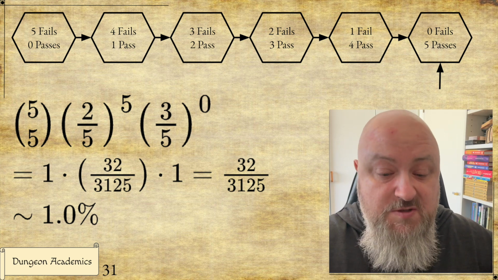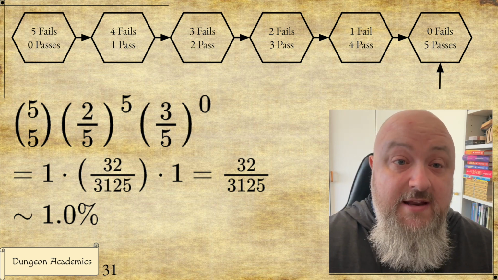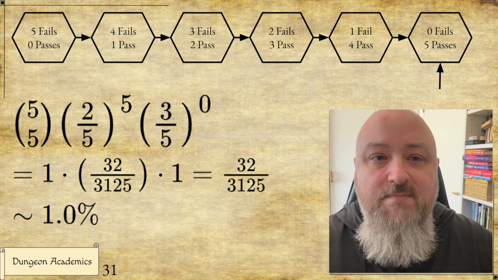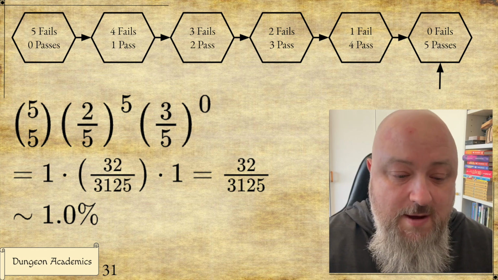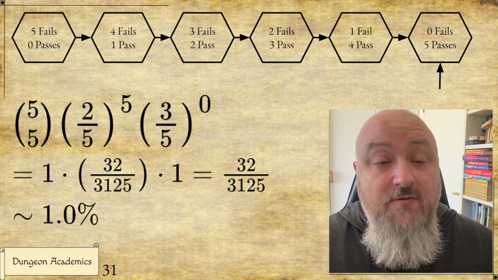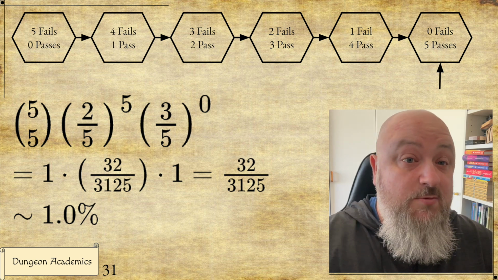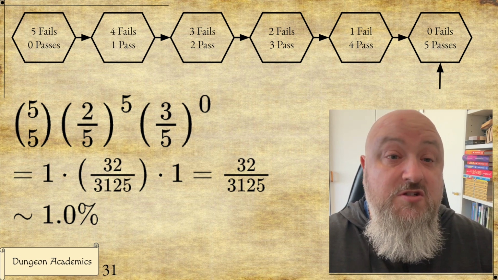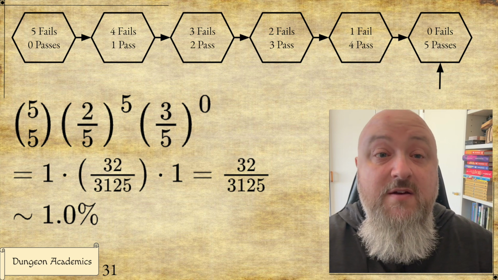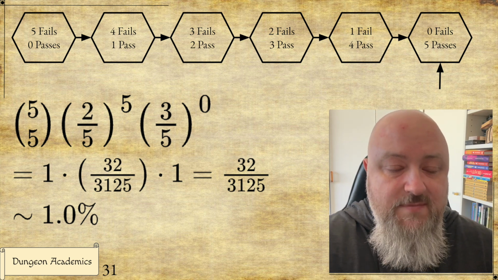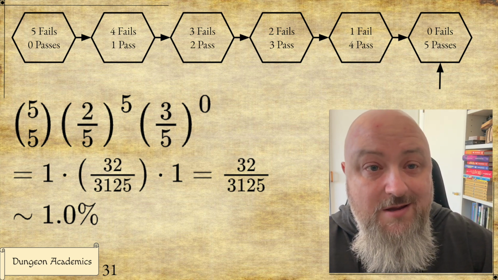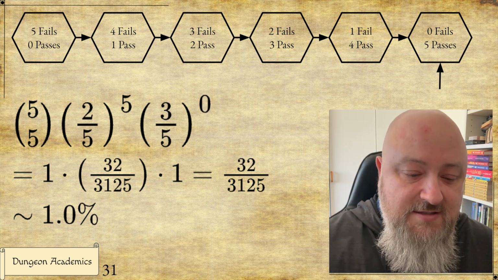Now, our last possible outcome is 0 failures and 5 successes, the best case scenario for our barbarian. So we're going to do 5 choose 5, 5 events with 5 successes. We want 2/5 to the power of 5 for the chance of getting 5 successes, and 3/5 to the power of 0 for the chance of getting 0 failures.